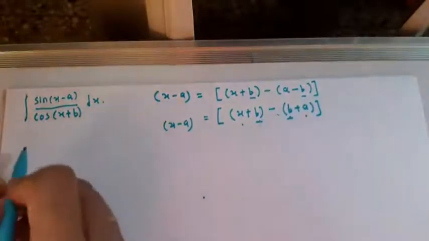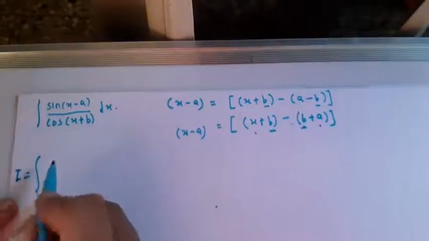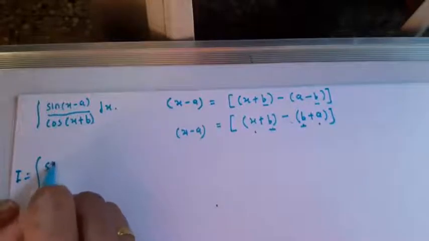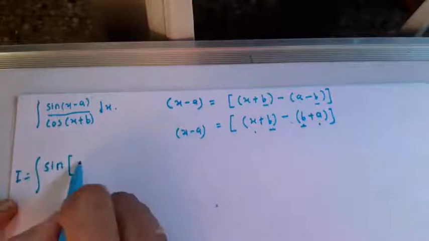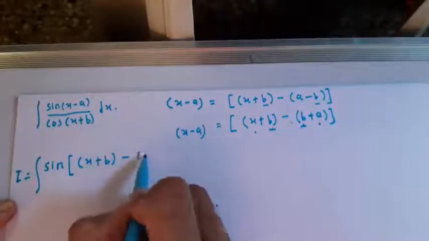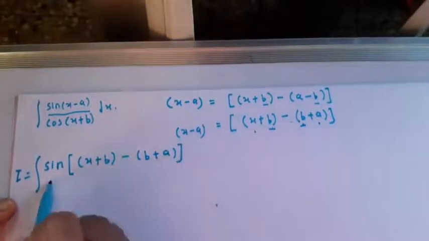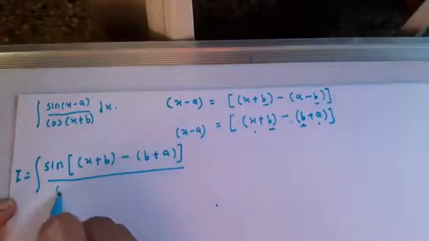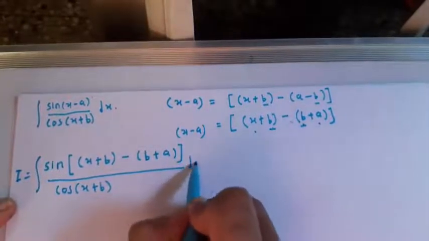Okay. So here we can write our integration I equal to the integral of sin of x − a, written in terms of x + b as (x + b) minus (b + a), upon cos(x + b) with respect to x.